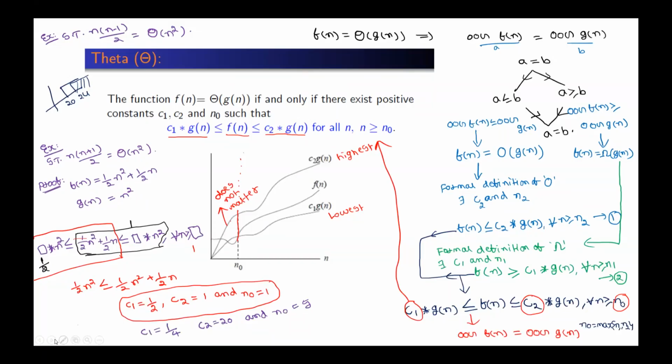So that n into n minus 1 by 2 is theta of n square. So f of n is 1 by 2 into n square minus 1 by 2 into n, and g of n is n square.